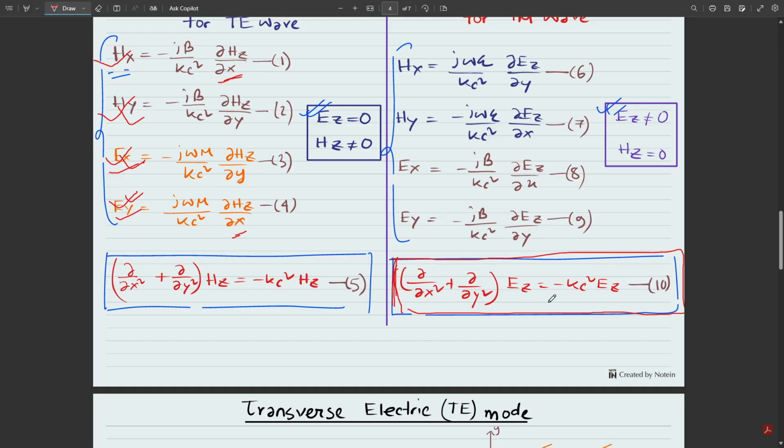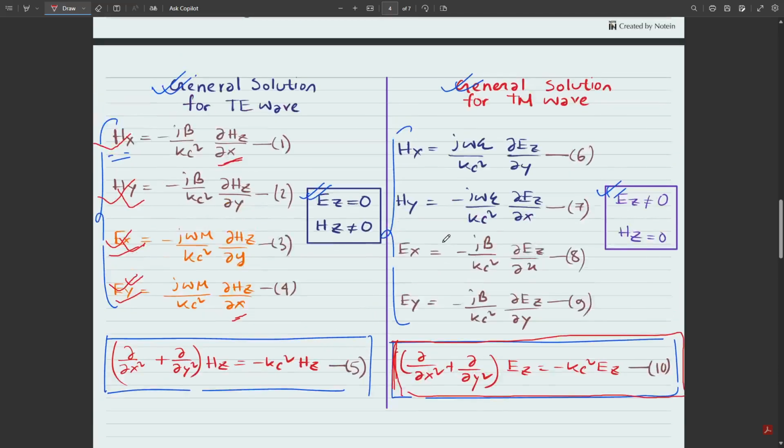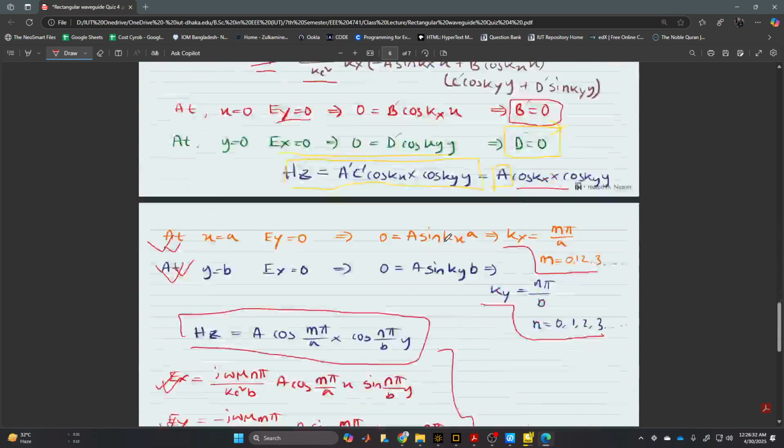The derivations are much easier than for transverse electric. So we can see our slide for this and do the derivations. So that's all from my side. Thank you.